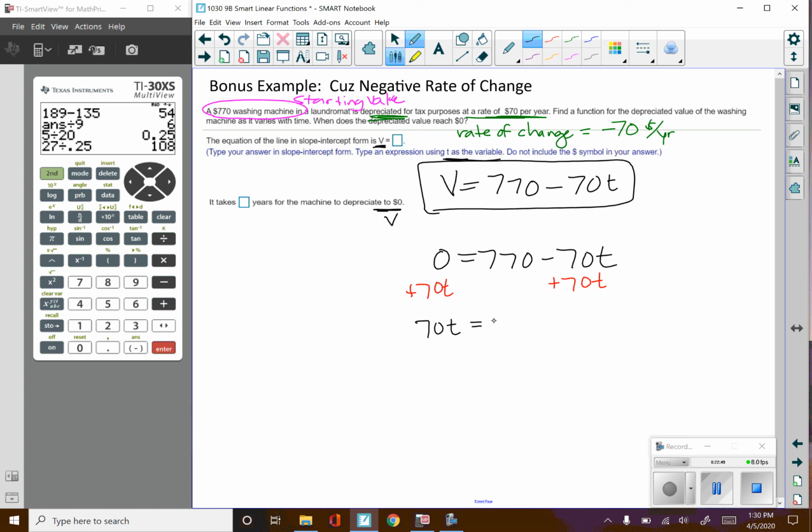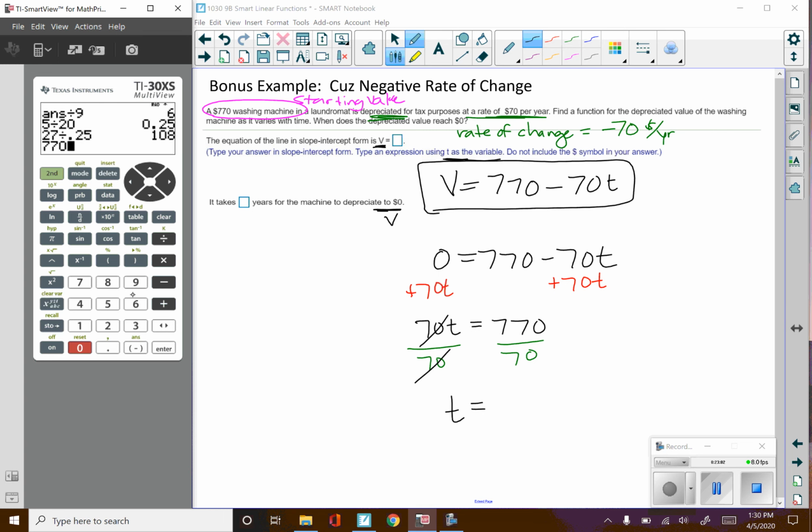So we have 70t equals 770, and then we can divide by 70. And that will cancel out, and we get t is equal to 11. And maybe you could do that in your head. So 11 years would be the time till it depreciates to a value of 0. All right, so that was your first bonus example.